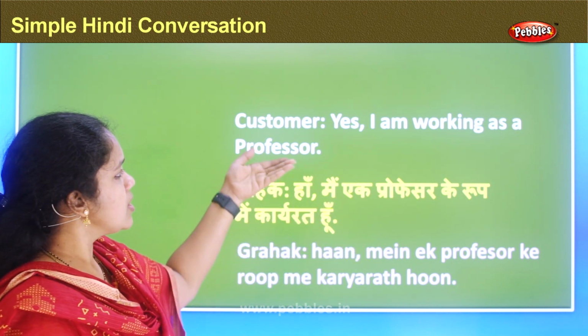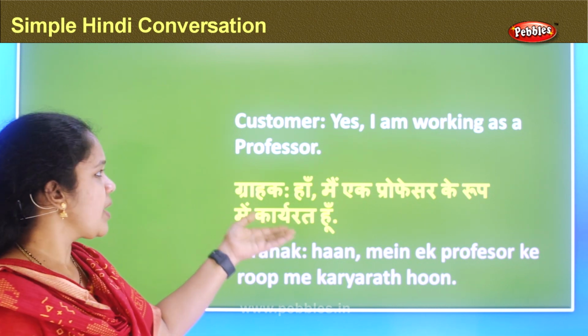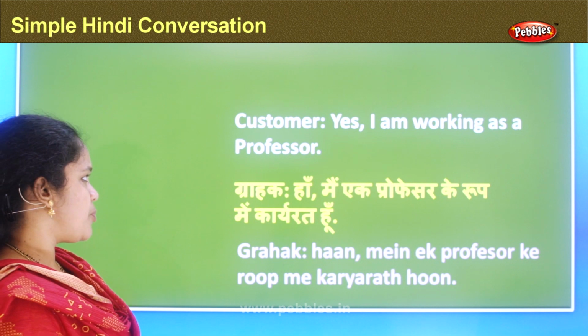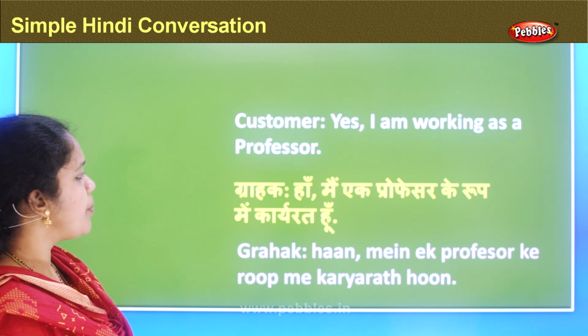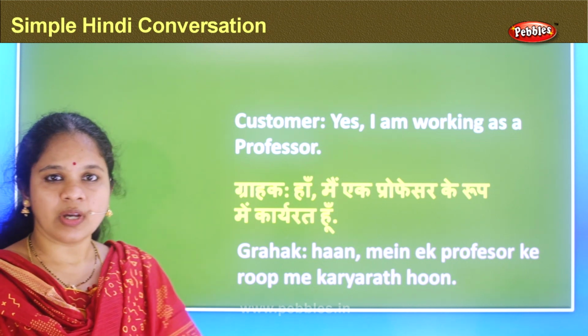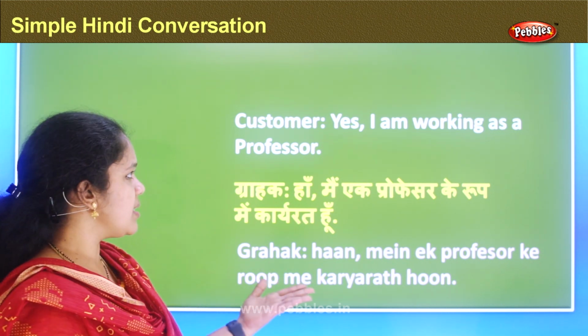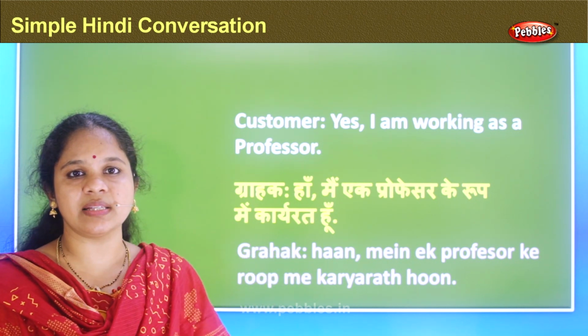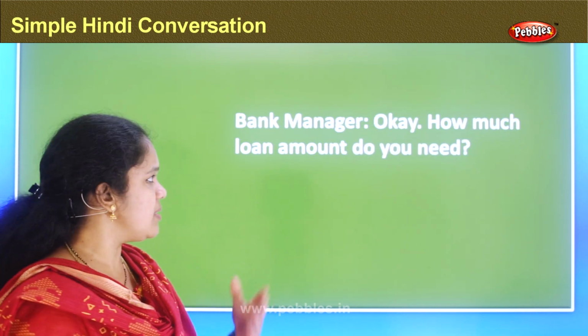So these are the two sentences here. Yes, I am working as a professor. हाँ, मैं एक प्रोफेसर के रूप में कार्यरत हूँ. Okay friends, I hope this is clear till this slide. Let us move on to the next slide and see what the dialogue is between these two people.